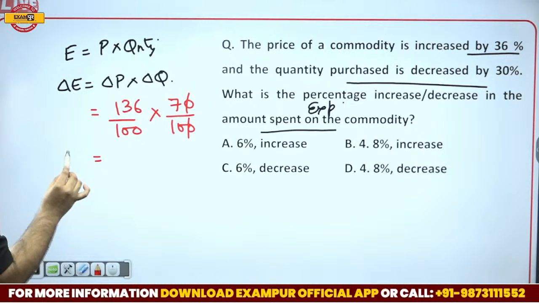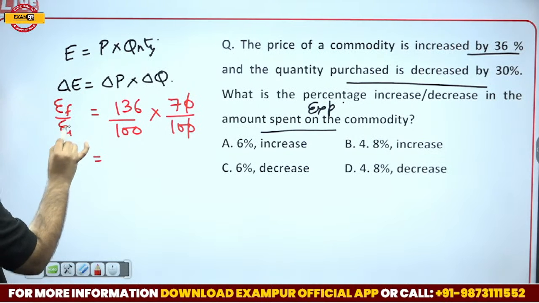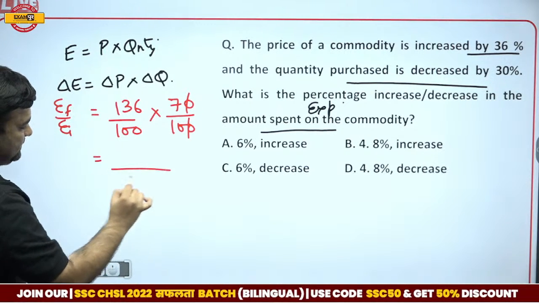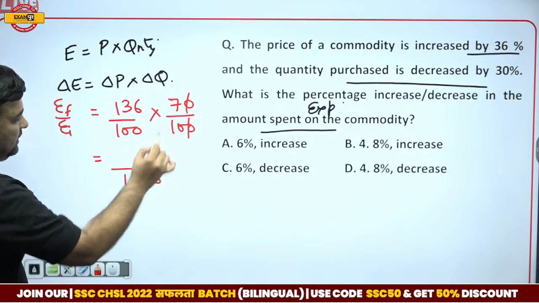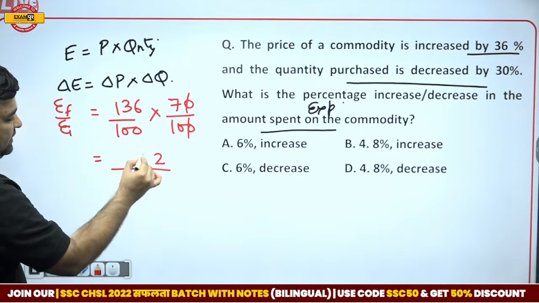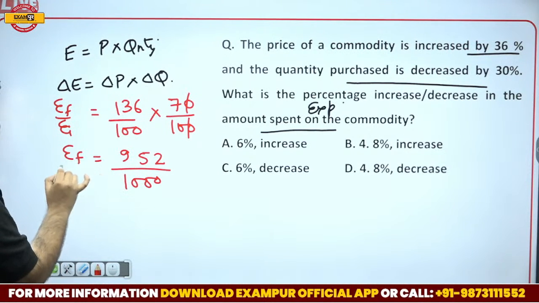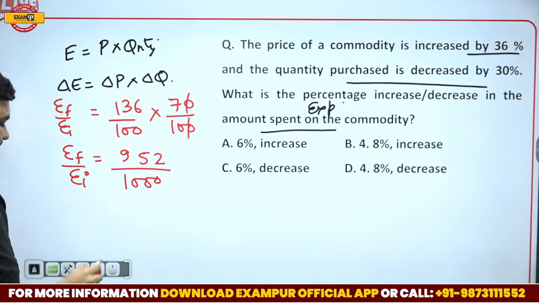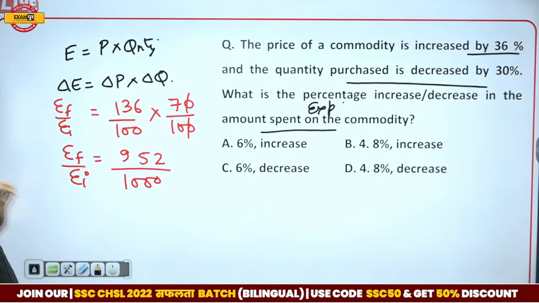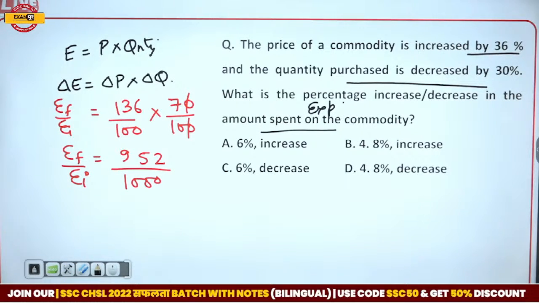So this is expenditure final upon expenditure initial. 136 into 70 gives 9520. So expenditure final upon expenditure initial is 9520 over 10000.